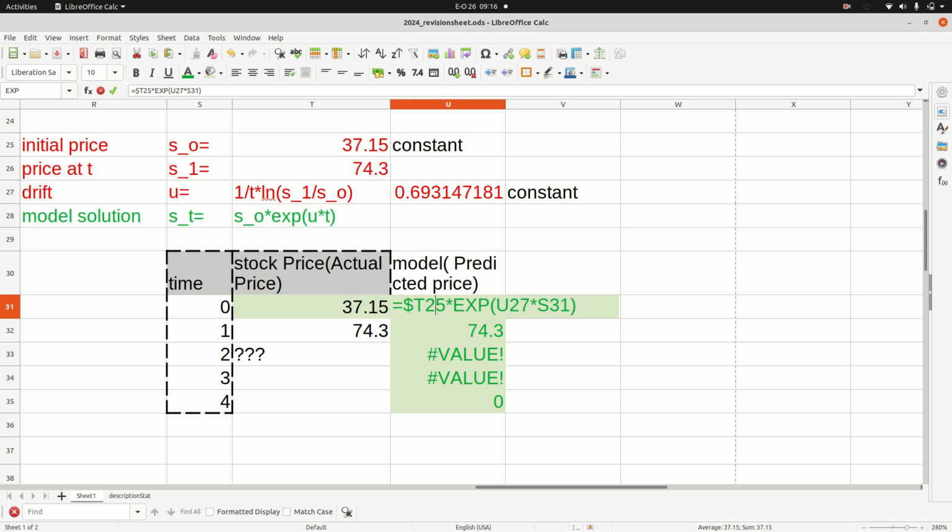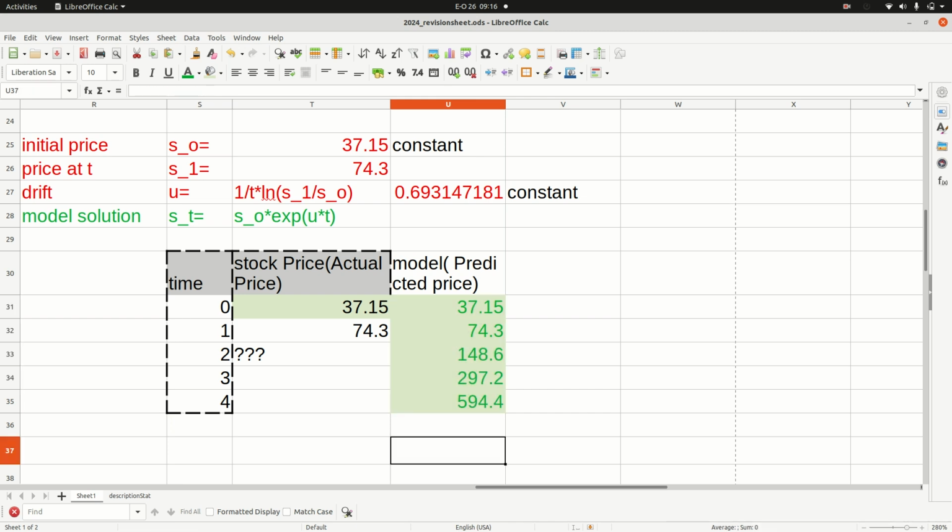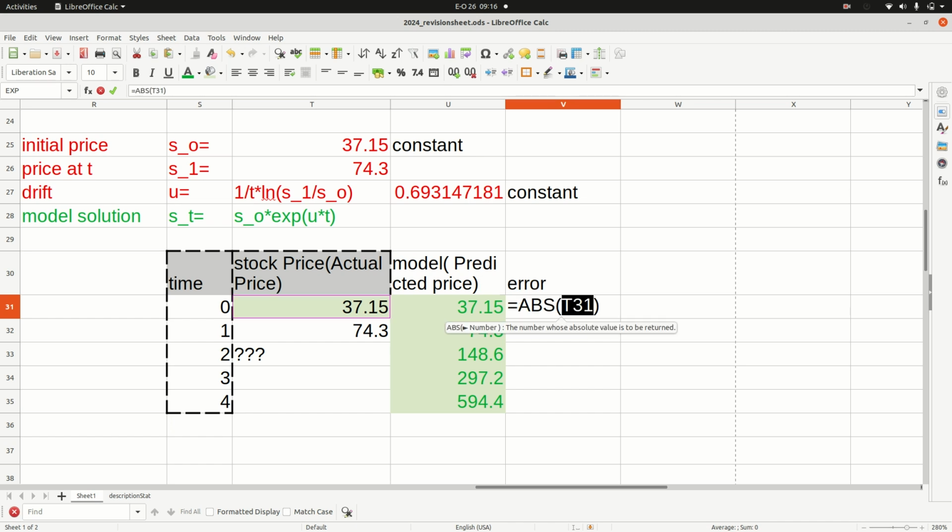My S naught is stacked. My mu is also stacked. It shouldn't change. But all others do change. Then I can drag it to get the other answers. Voila. Now I can also find the error margin. That is the absolute difference between my actual and my predicted.